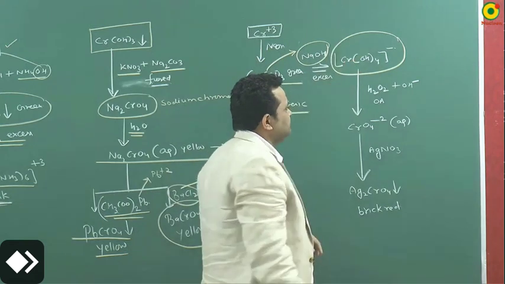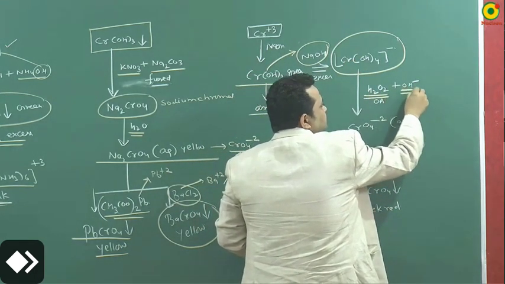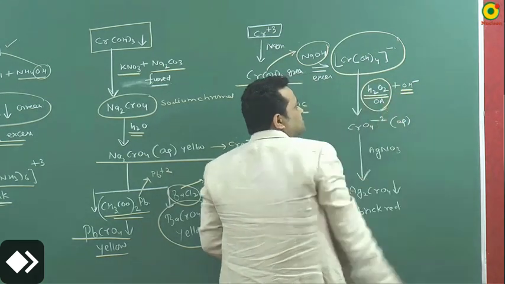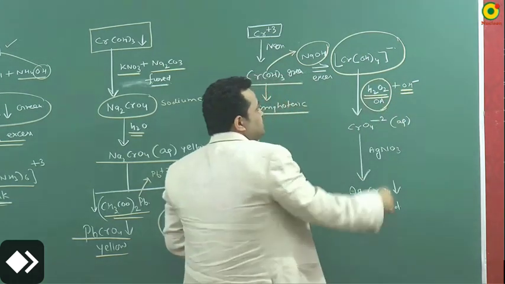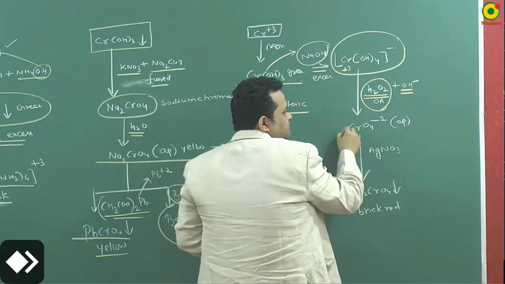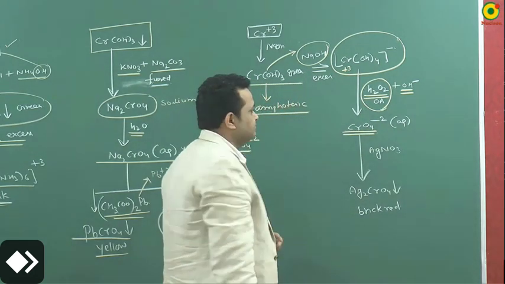In this complex, we are adding H2O2, hydrogen peroxide, in basic medium. Here hydrogen peroxide is acting as an oxidizing agent which can oxidize Cr3+ ion into Cr6+ form. So chromate ion is formed in aqueous solution.